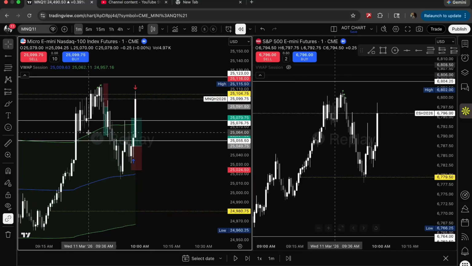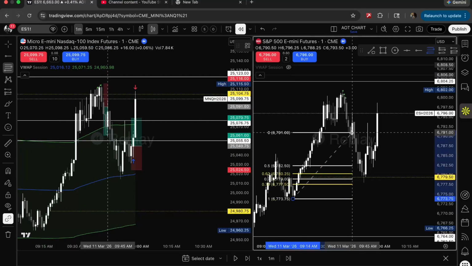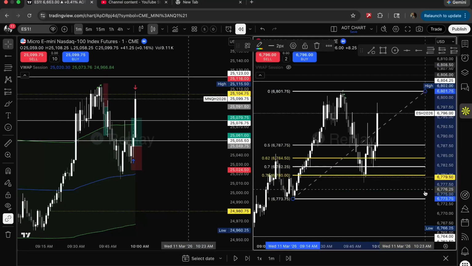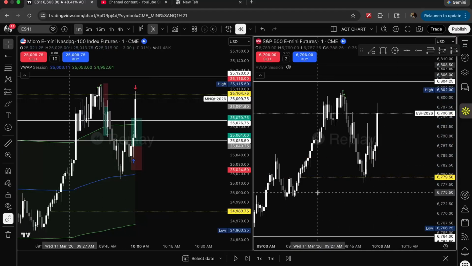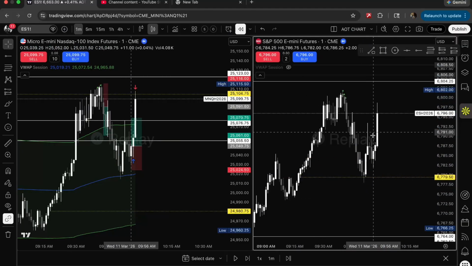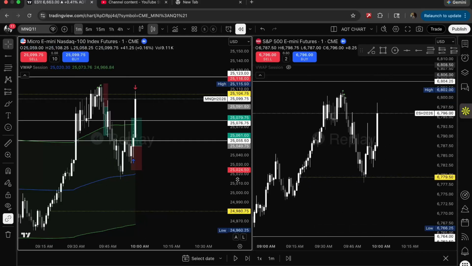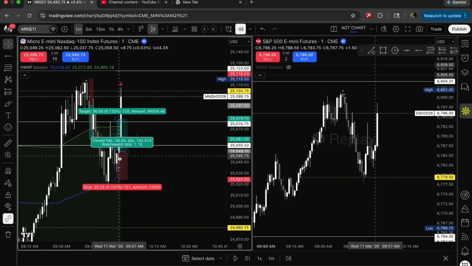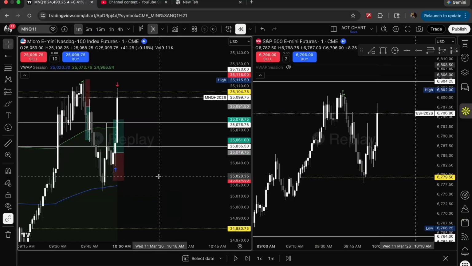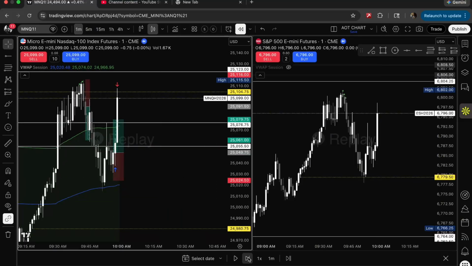So this, yeah, this makes sense. So we're in OTE of the range. We get reversal sequence with SMT. Everybody understand this trade? Yeah. All right, bet.